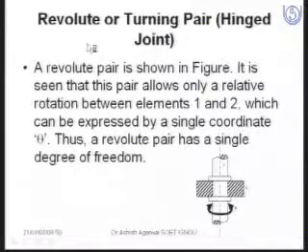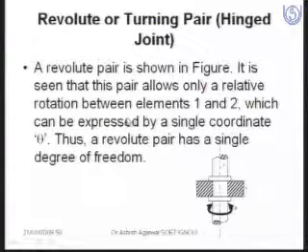Under the category of lower pair, the first pair is called the revolute pair or the turning pair. Just see that this is the revolute pair or turning pair. This is fixed, so the motion is only rotation. There is no other motion. So this is a revolute pair.